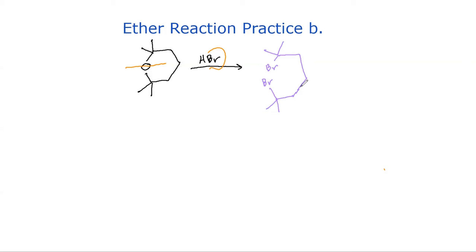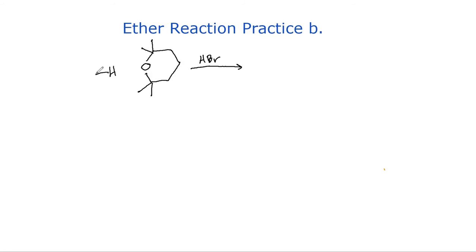Now, in terms of a mechanism, we're going to clear out some space here so we'll have plenty of room to work. And we'll start with our HBr and our ether.